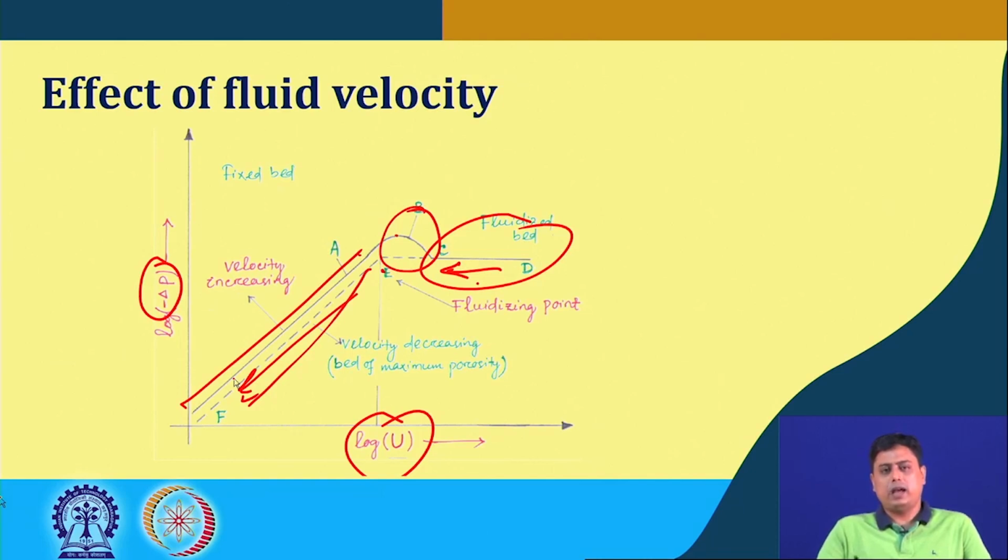The reason, I hope, is now clear to you, that from a fixed bed, as we increase the superficial velocity of the fluidizing fluid, what happens? The bed starts to disengage, the expansion happens, reorientation of the particles happens, and it finds its maximum porosity by reorienting themselves, so that the flow resistance inside becomes lesser and lesser, to a minimum value.